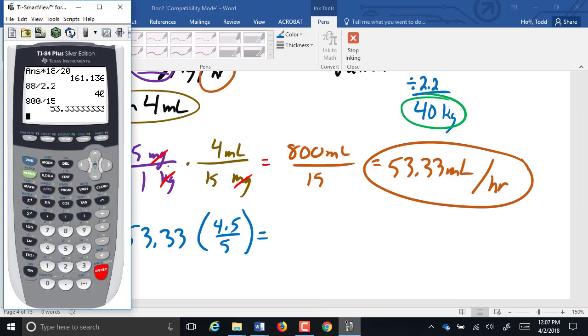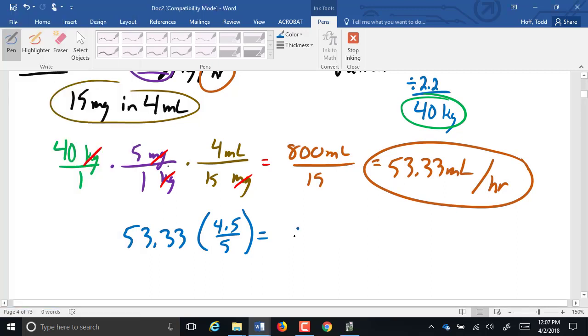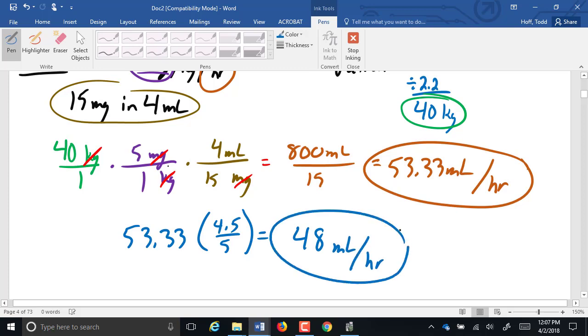So notice I've left it in my calculator. I didn't clear out that 53.333, so I've got that full decimal without being rounded in there. So times 4.5 divided by 5, we get 48 is our minimum. So anywhere from 48 to 53.33 milliliters per hour.